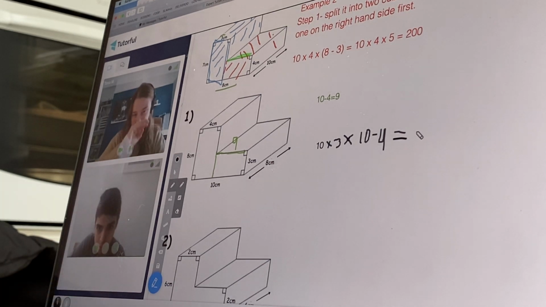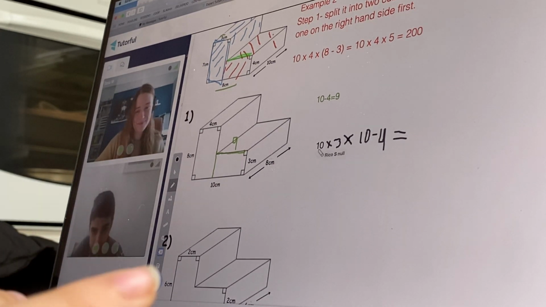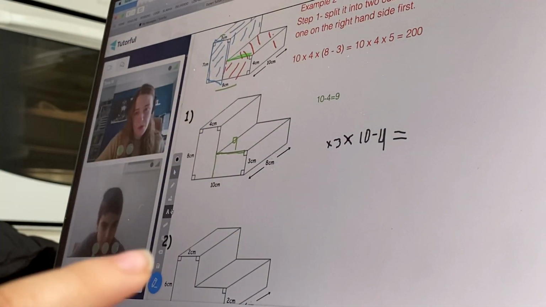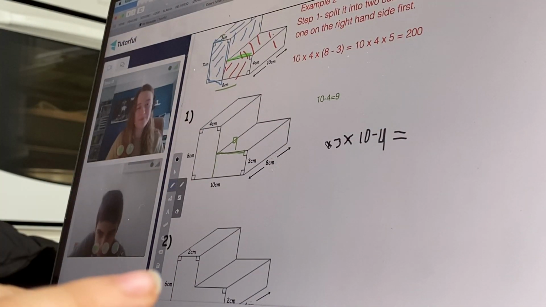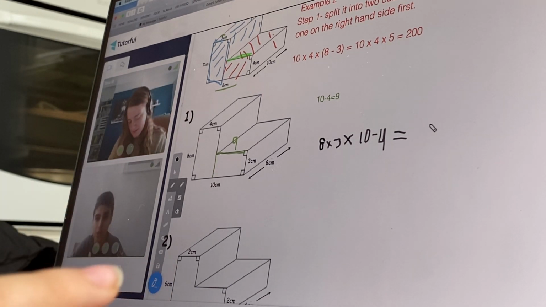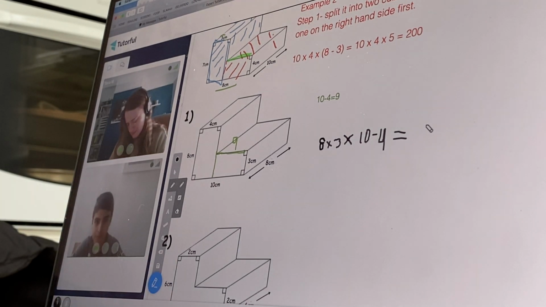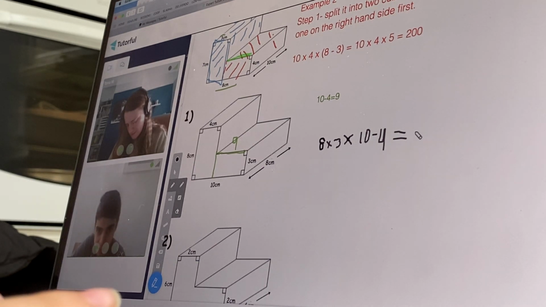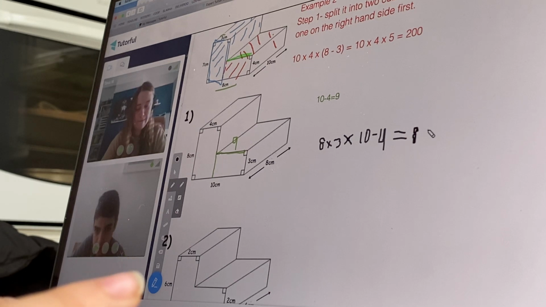Equals. Brilliant. Really good. Equals. No, 8 times 3, I mean. 8. Yeah. 8 times. You've got it. And then equals 8 times 3 times 5.